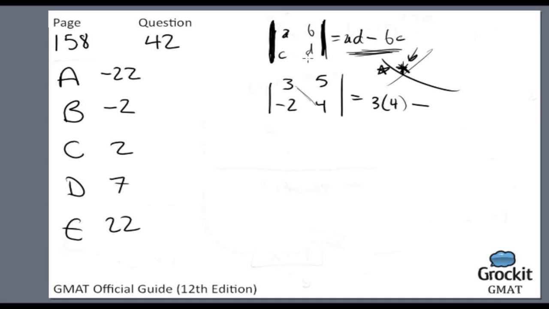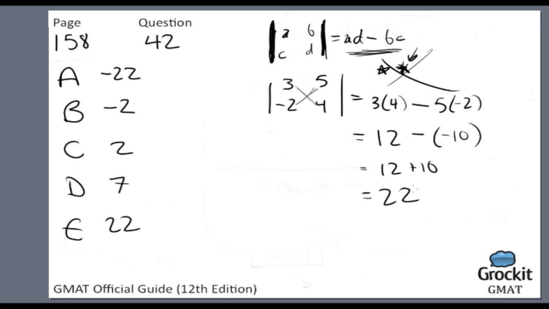And we're supposed to subtract B times C, which are these two numbers, minus 5 times -2. So that's the same thing as 12 minus -10, which is, remember, when you subtract a negative, it's the same thing as a positive. It's 12 plus 10, and that equals 22. Our friendly neighborhood answer choice E.